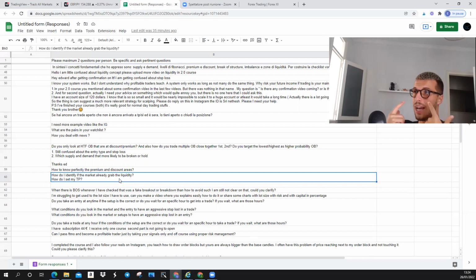And if you don't get your eyes trained to see certain things, you will not see them, even if I'm teaching them to you. So you need to spend time on charts and seeing where the market is grabbing liquidity and so on. For setting your take profit, you should look at either the next key area or at liquidity.